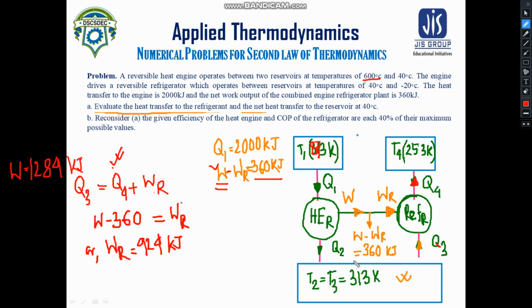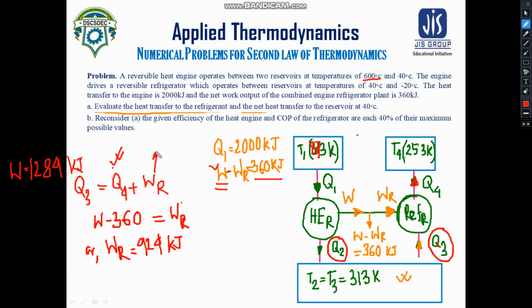We will deal with this Q2 later on, but we are presently dealing with this Q3. Q3 is equal to Q4 plus WR.